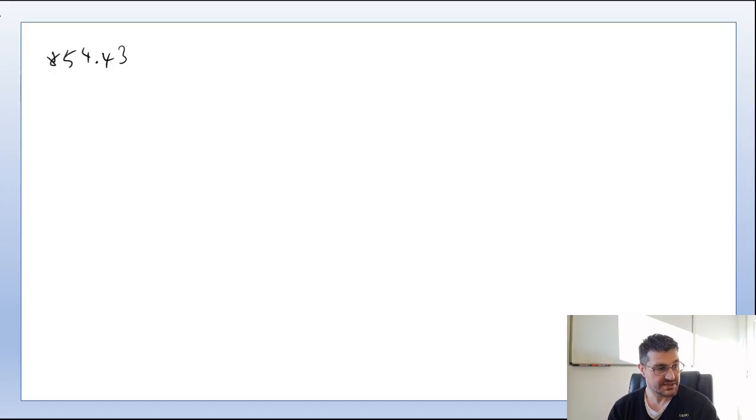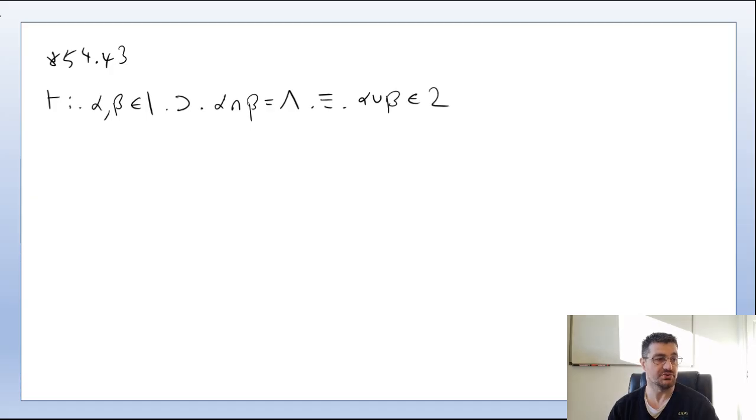This proposition asserts that when alpha and beta are members of the class 1, this implies that the proposition that the logical product of alpha and beta is equal to the null class is equivalent to the proposition that the logical sum of alpha and beta is a member of the class 2.